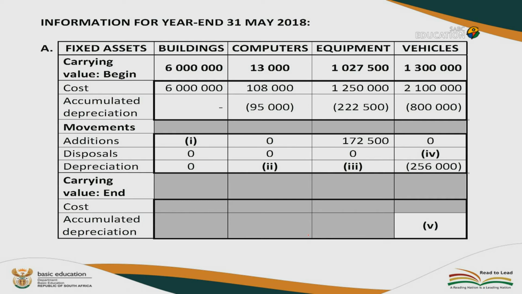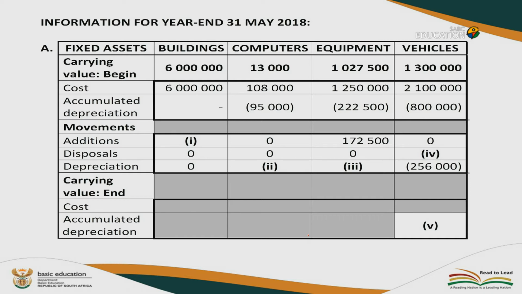Let us look now. This is what we are expected to give. The amount for the additions of your buildings. Number 2, we are expected to calculate the depreciation of the computers. And then when you look at the 3rd column, we are expected to calculate also the depreciation of equipment. And for your 4th one, you are supposed to calculate the book value.